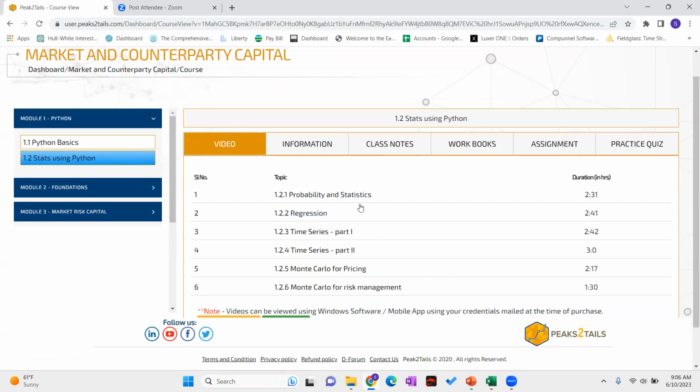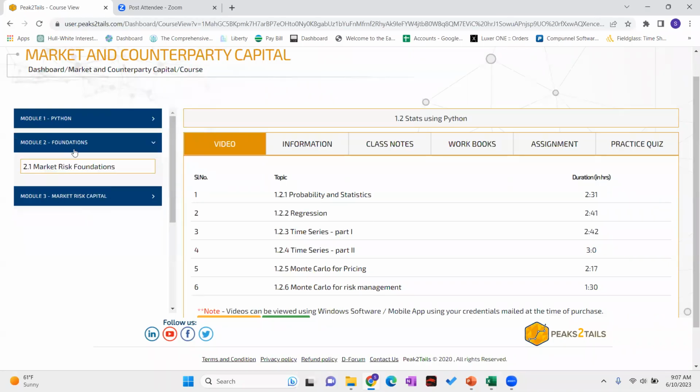So regression, time series, probability, things like that in Python. So that's completed. Just checking, are you guys able to hear me properly? Yes. All right. Thanks for confirming. Okay. If you are having some trouble, please check your sound settings. All right. So this is completed.